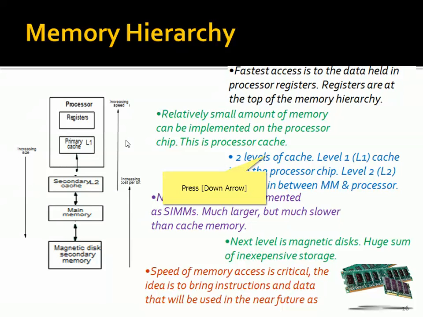Magnetic memory, like your pen drive, may be very cheap, whereas the main memories are very costly, right? So the speed and cost increase from magnetic disk to processor register, and the size increases from processor to secondary memory. So this is the hierarchy of the memory.